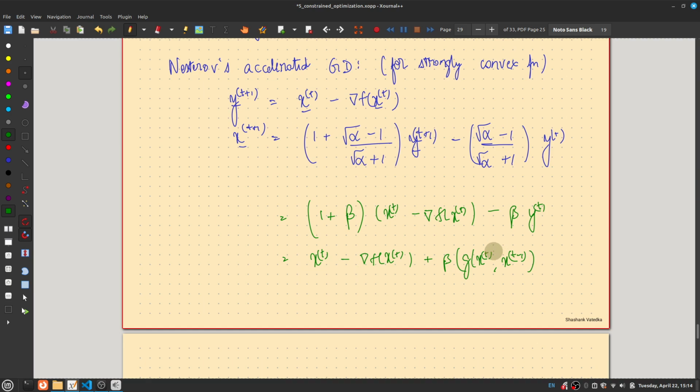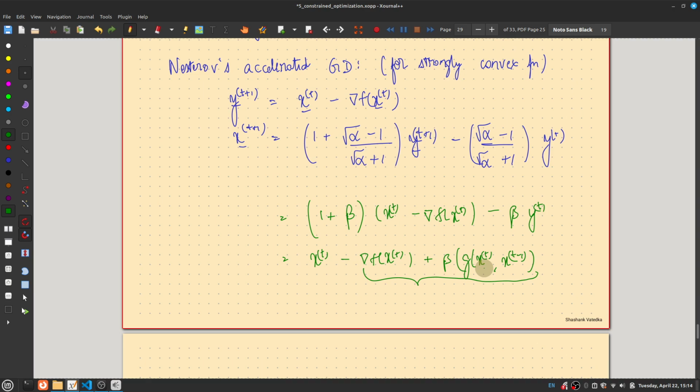But what is to be kept in mind is that this is in some sense the direction along which you take one step, right? You take x_{t+1} is x_t minus something times a direction, and this direction is not along the direction of the negative gradient. So you are not guaranteed that in every step the objective function is going to decrease.